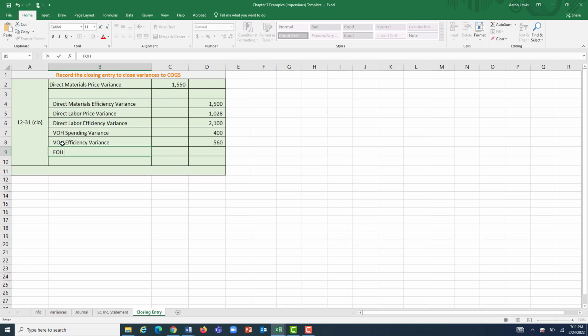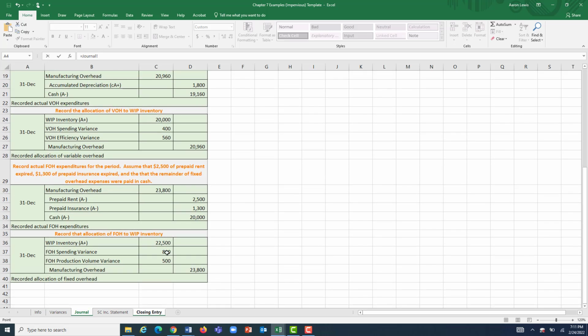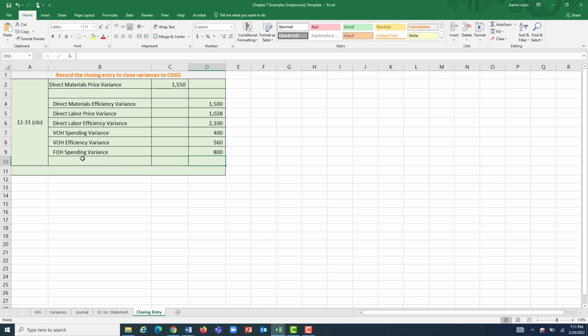We've got fixed overhead spending variance as the next one on our list. If we go to our journals, we see that our fixed overhead spending variance was unfavorable by $800. That account has an $800 debit balance. To get it down to zero, we're going to have to credit it for $800, which we're going to do in our closing entry.